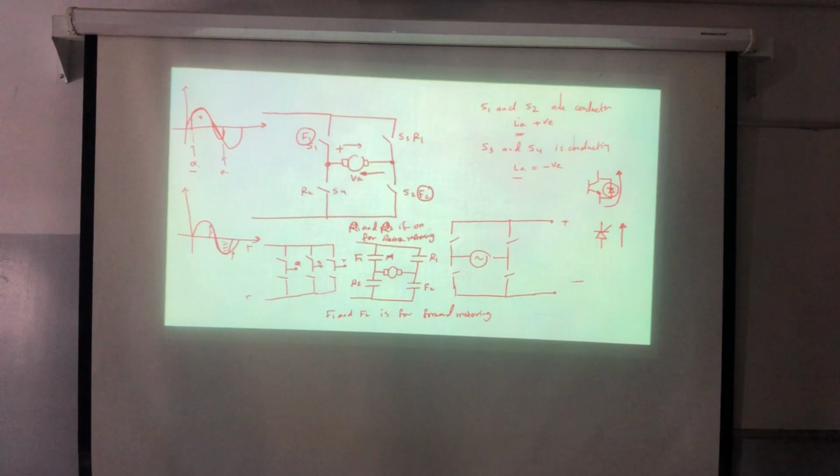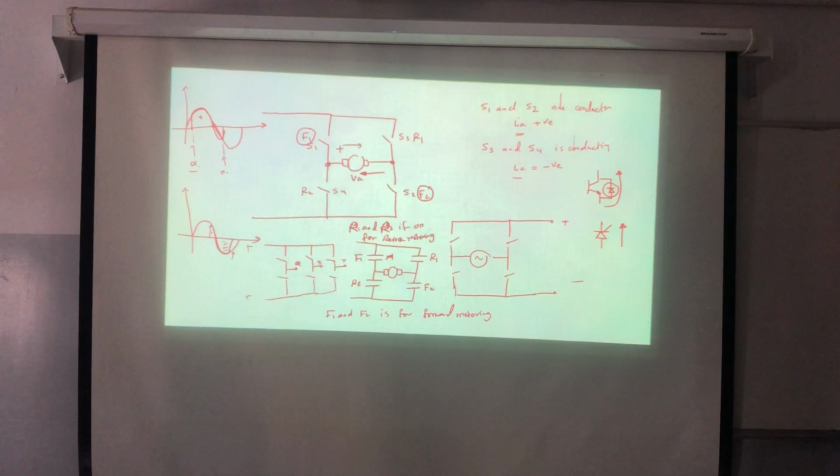If I need to have regenerative braking, then the voltage must be positive, and the current is negative. Which means that I will control switch 1, switch 3 such that the positive cycle is higher than the negative cycle. So I need to change the alpha.